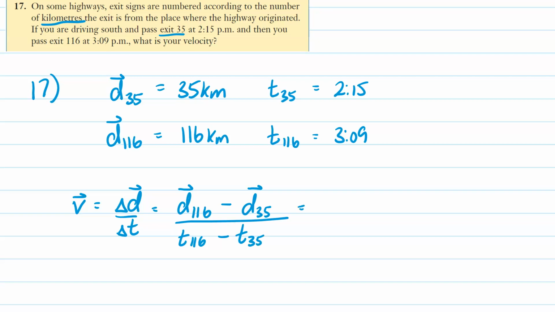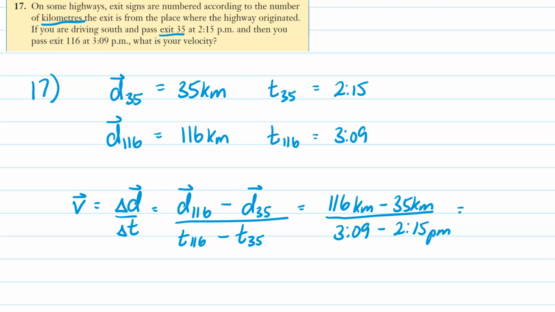Okay, so that's 116 kilometers minus 35 kilometers divided by 3:09 p.m. minus 2:15 p.m.